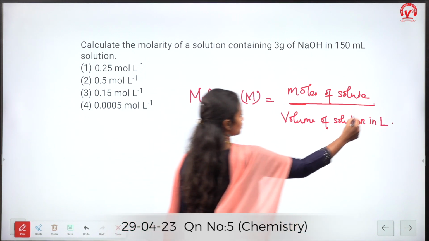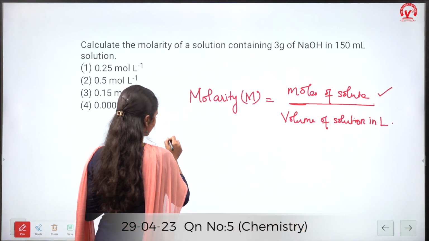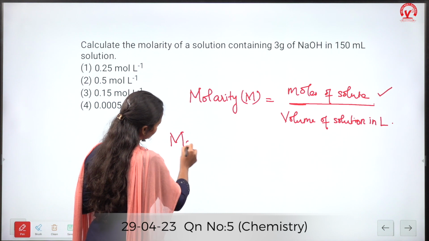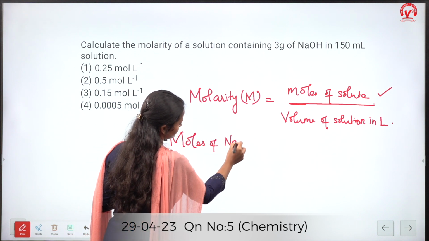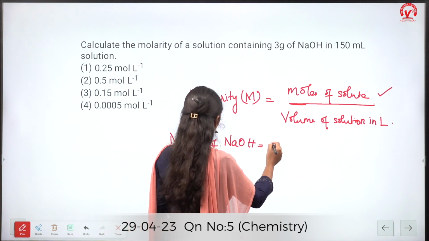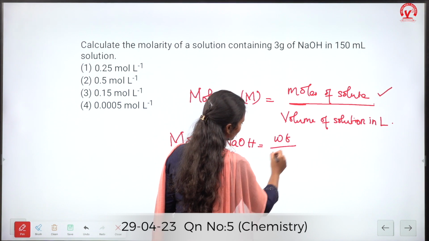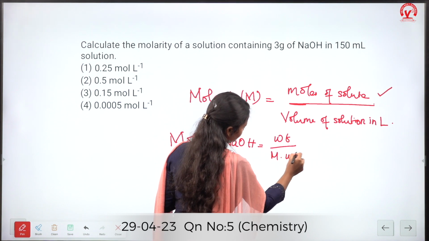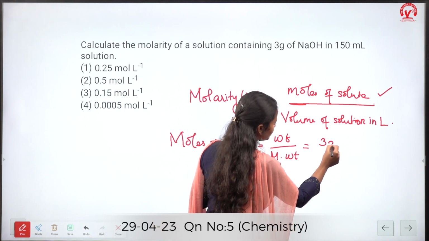First we have to calculate the moles of solute. Here the solute is sodium hydroxide. So moles of NaOH: the formula to calculate the mole is weight by molecular weight. Here they are giving the weight as 3 gram.